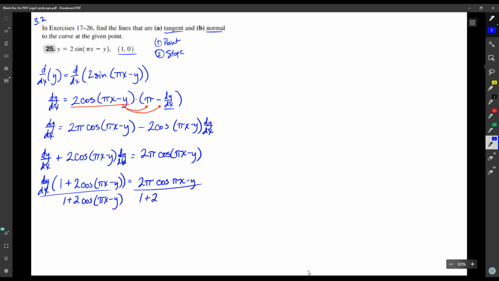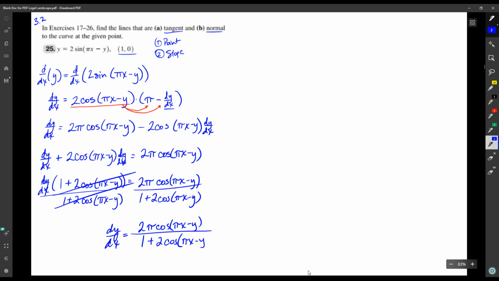Do that again over here, divided by 1 plus 2 cosine of pi x minus y, and we have our derivative, dy dx equals 2 pi times the cosine of pi x minus y, and that's over 1 plus 2 cosine of pi x minus y.